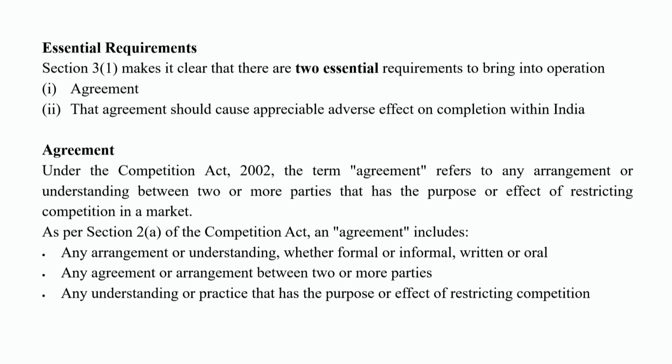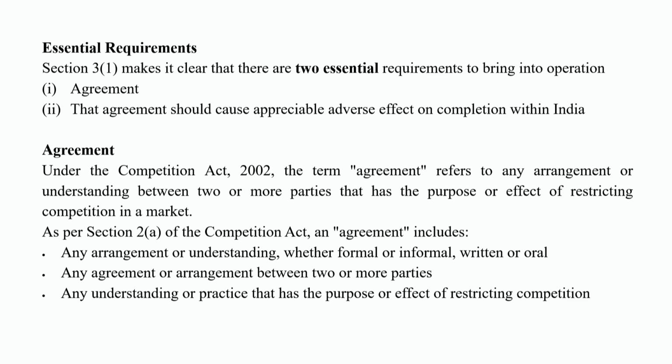So to bring Section 3 subclause 1 into operation, you have to prove that there was an agreement, and a mere agreement is not important. The agreement should have an appreciable adverse effect on competition within India.